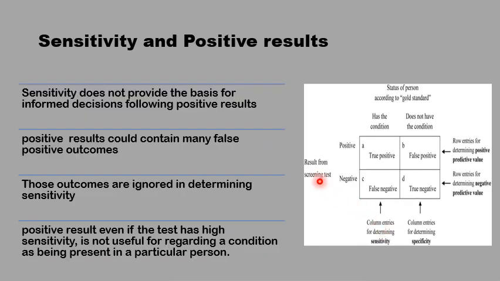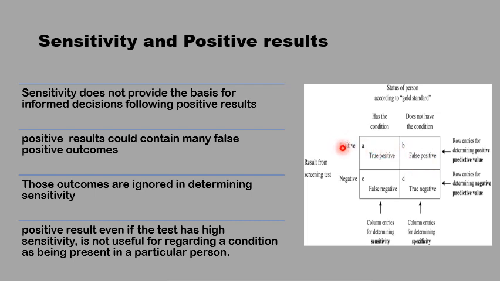If the new test or the screening test has high sensitivity, it means that it could pick up most of the really positive cases and label them as true positive. But it does not mean that if someone has a positive result from the new test, he is more likely to have the disease or not. Because to answer this question, you would have to look into the ratio of the true positive to the false positive. You would have to take into account the false positive cases as well.